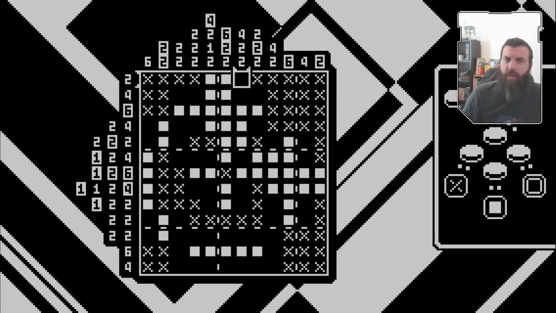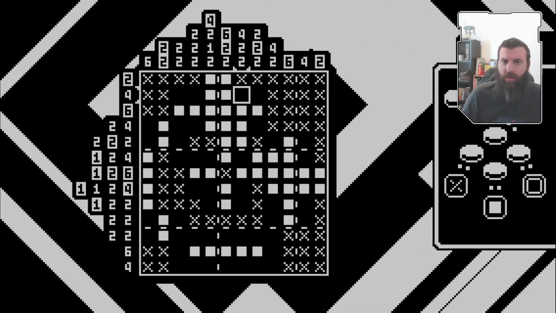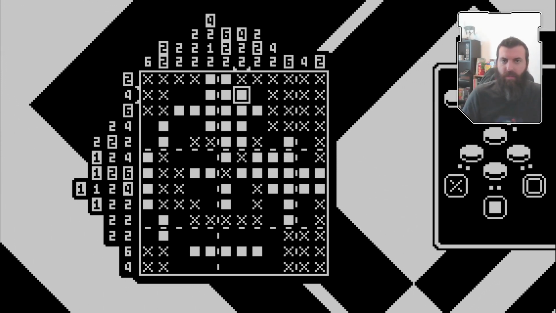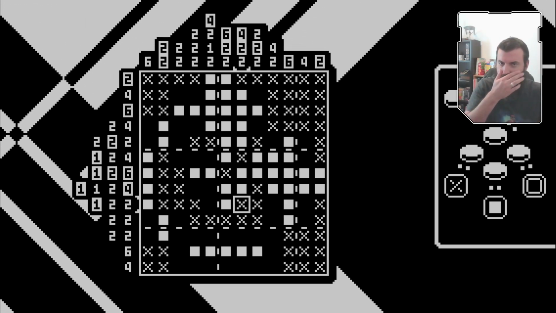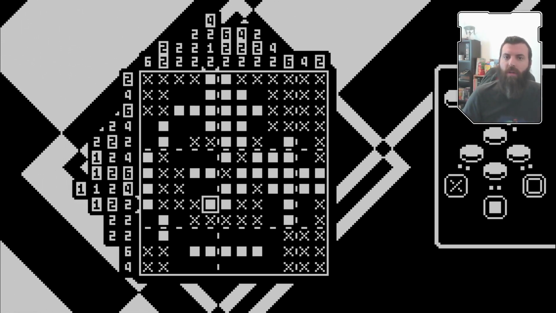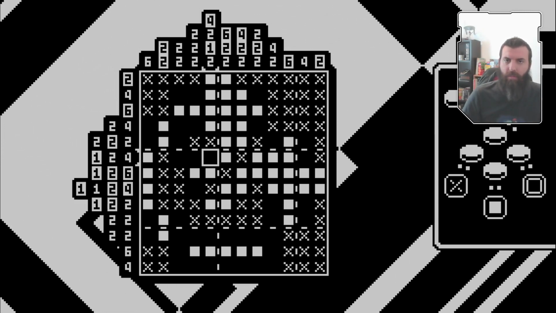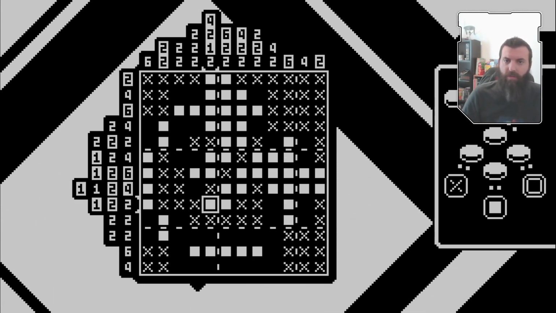I'll go ahead. Mark that. That marked. This pixel can't be filled in, then it would be greater than a 4. Also gives it the top edge for that 4. Right edge for this. This pixel can't be filled in because then we'd have a number larger than 2, 1, 2 on this.